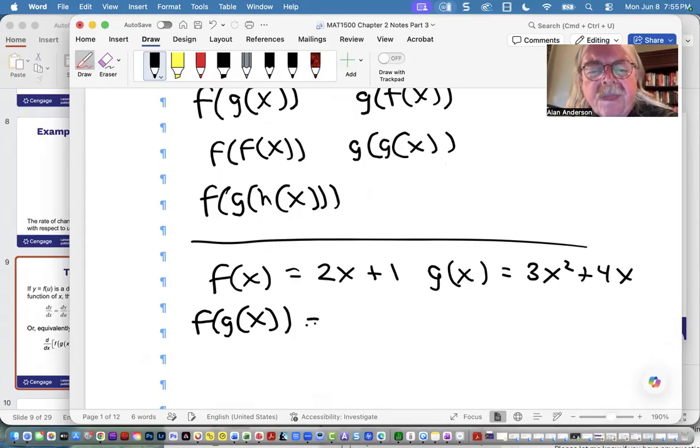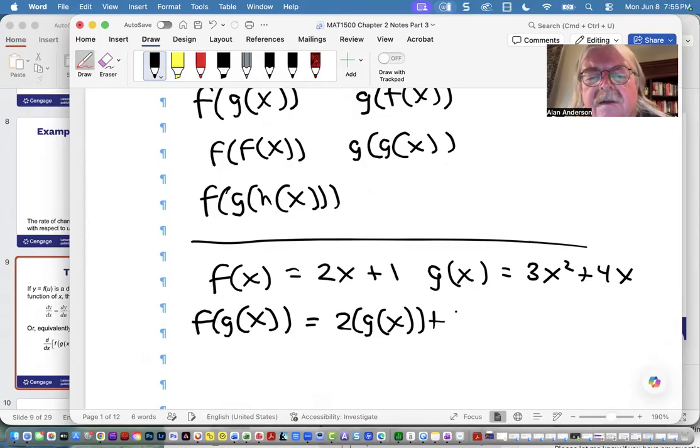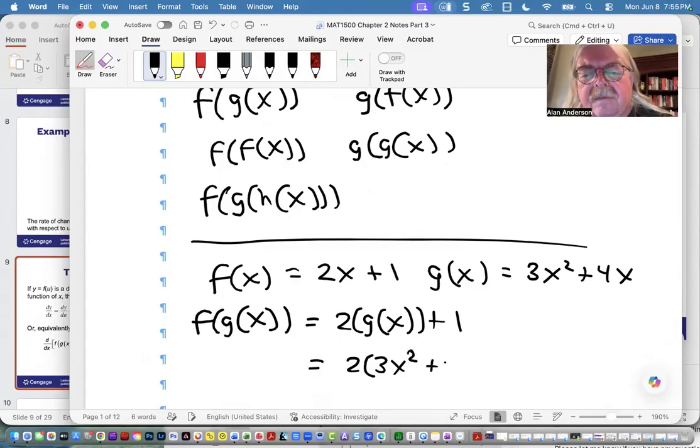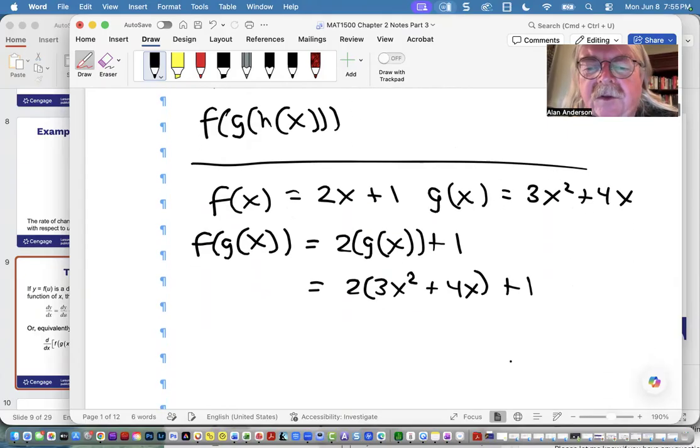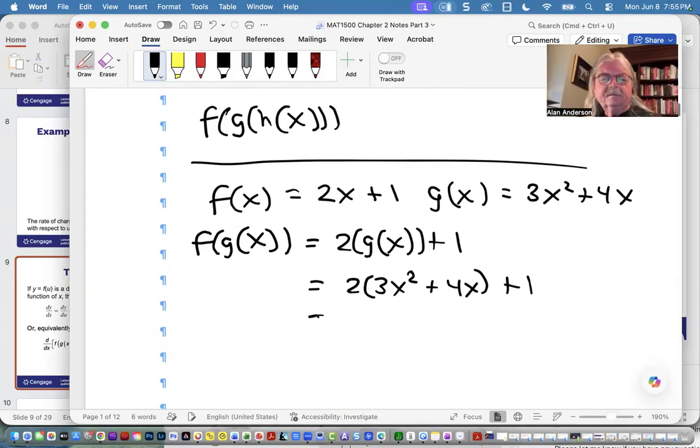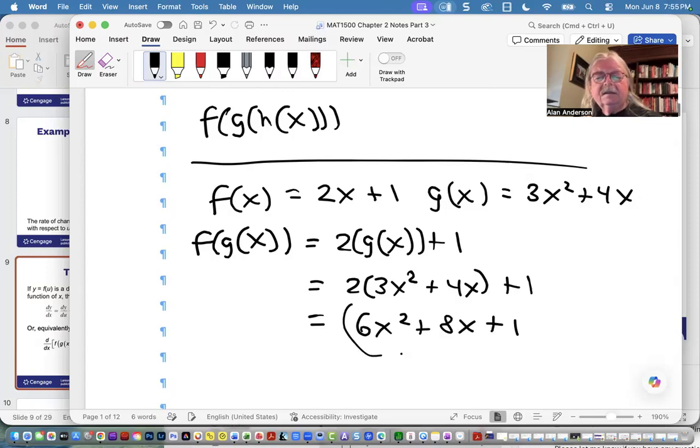What you're going to do is go to your f of x and replace all the x's with g of x, and then make the substitution. And then, of course, multiply it out. And that's it. We're done.